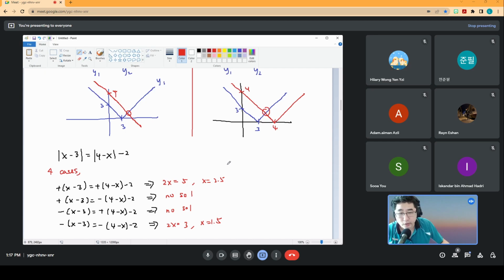Let's try to draw it out. Is it really true that we have two solutions? So I have a 3, I have a 3. This is my y1.